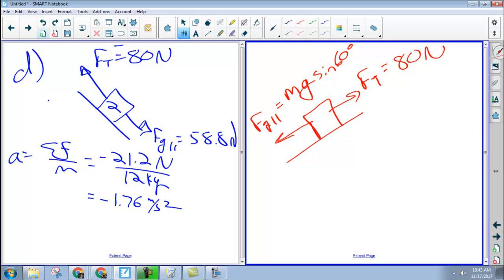Follow? Negative, I guess, right? So now we can do net force equals net force. So M times negative 1.76 equals 80 minus M times 9.8 times the sine of 60. Then solve for your mass. Net force equals net force is totally our wheelhouse this chapter, right?